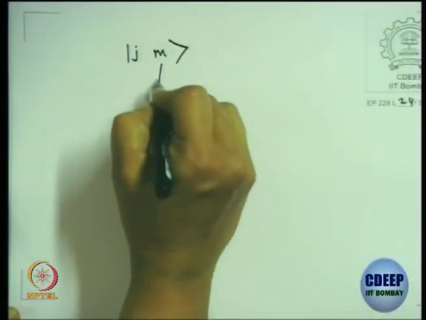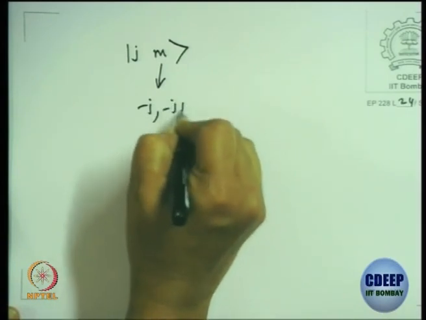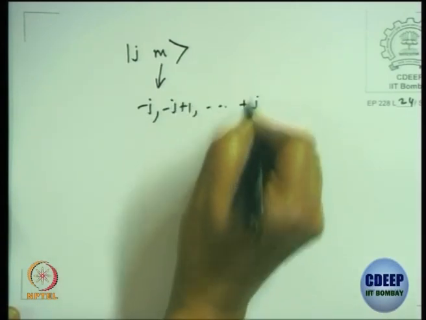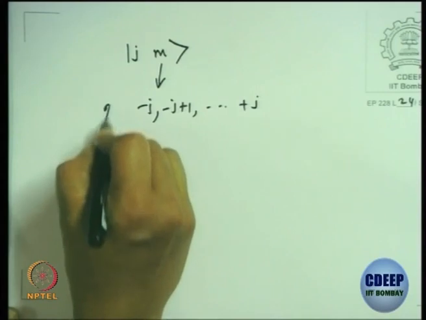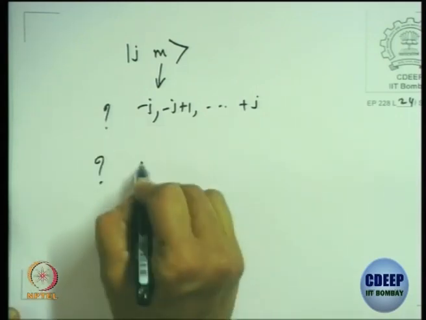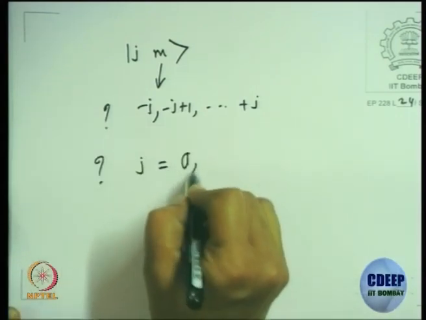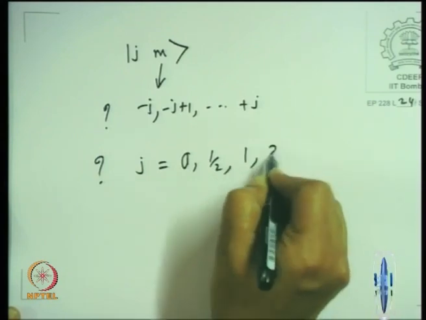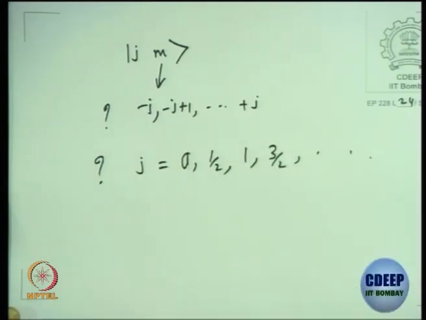But we will now do it explicitly to figure out all this information. I need to figure out that m goes from minus j to plus j. You also have to figure out whether j could be 0, half, 1, 3 by 2; these are the possibilities.